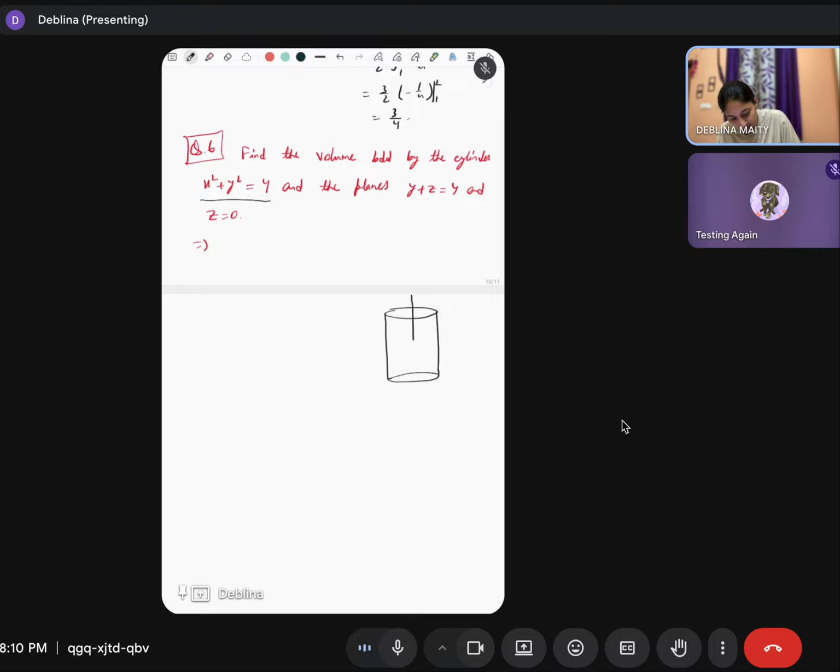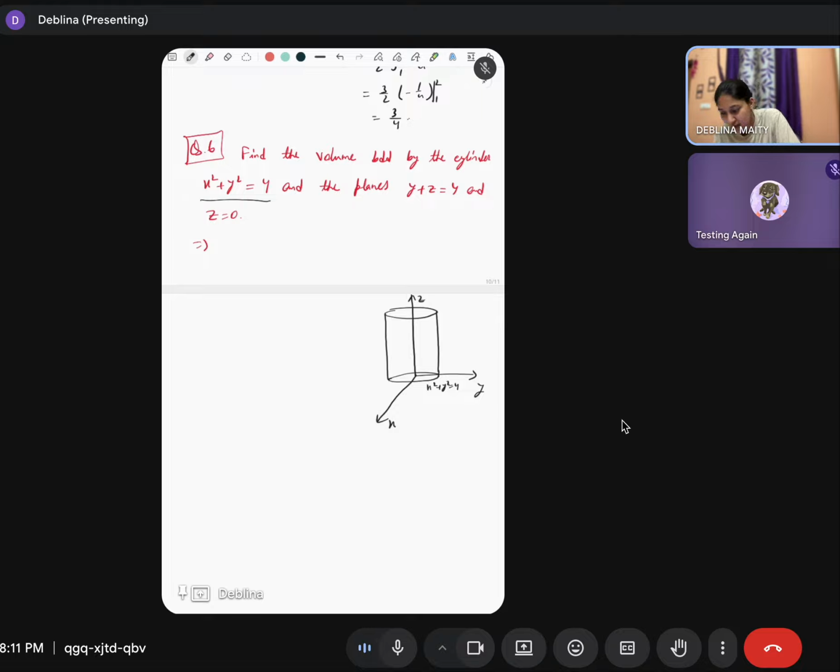This is z, this is y, x, and in the xy plane this curve is a circle, x square plus y square equals 4, and the plane y plus z equals 4.